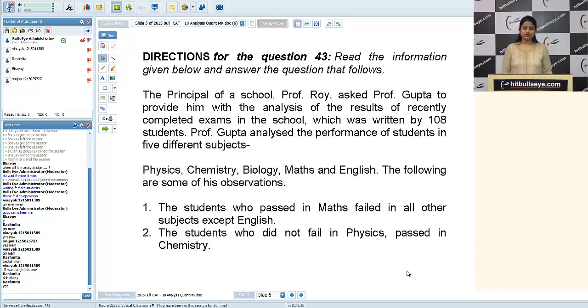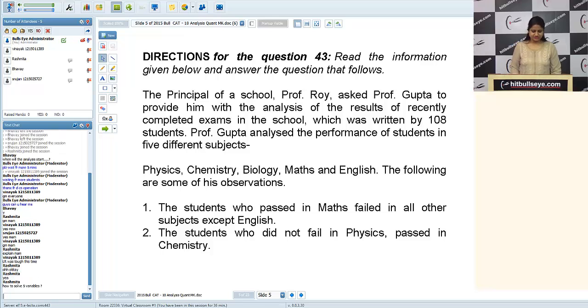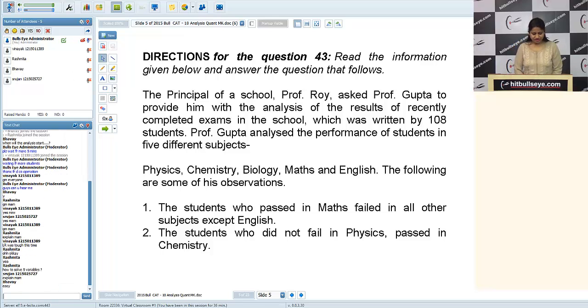Yes, now coming to 43rd question, that was a Venn diagram of 5 variables. Yes guys, any problem in this? That was a good set. Yes, Rashmita. Actually, there were 5 variables given, but we'll make a Venn diagram of 3 variables only because of the conditions. Now, see the condition.